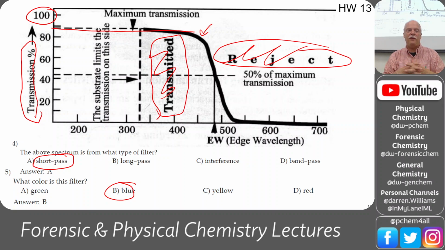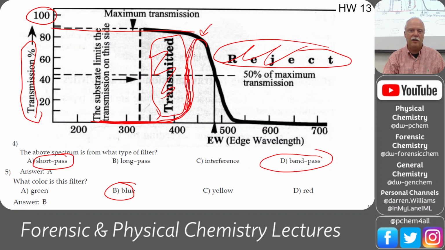How would I change this figure to make band pass the right answer? Well, this dark line would have to come back down. And if that line came back down, then it's a band pass filter, because it's only passing a band of light right there.